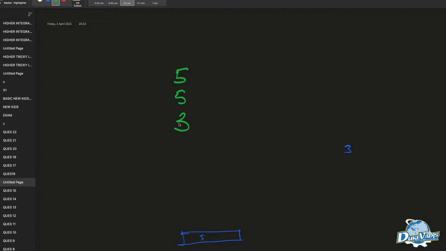So meaning that the other possibilities are, like 555, because we're given that the numbers range from 1, 2, 3, 4, 5.